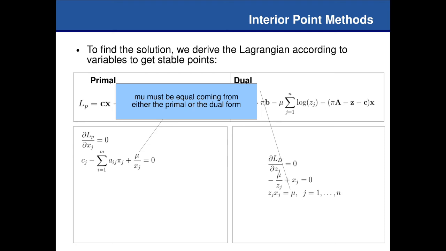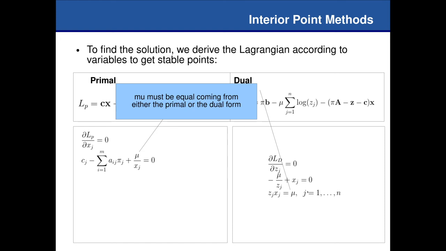It's not difficult to see now that when we differentiate the primal in terms of x and the dual in terms of z, we've got a connection. We've got mu connecting this side with this side and vice versa. So this mu represents a way of connecting the primal space and the dual space in an attempt to find the same solution. The same solution.